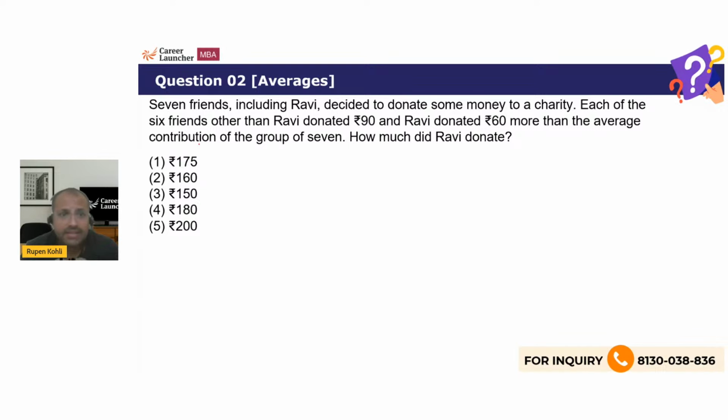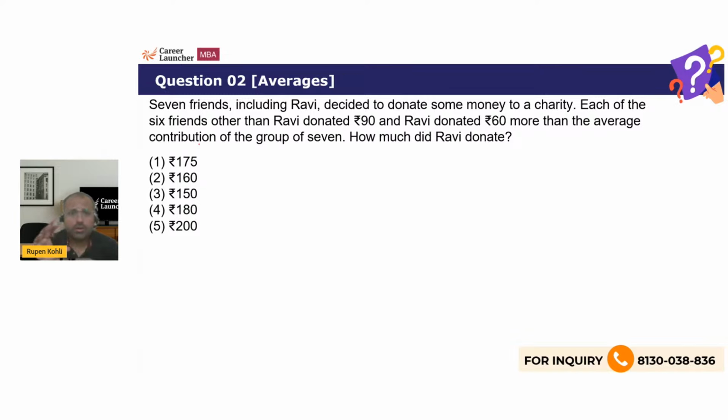Each of the 6 friends other than Ravi donated 90. So 90 times, right? And Ravi donated 60 more than the average of the group of 7. So it is this statement which we have to carefully understand and make some equation based on that, right?